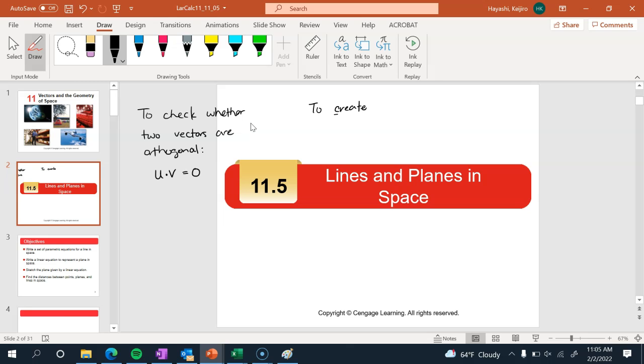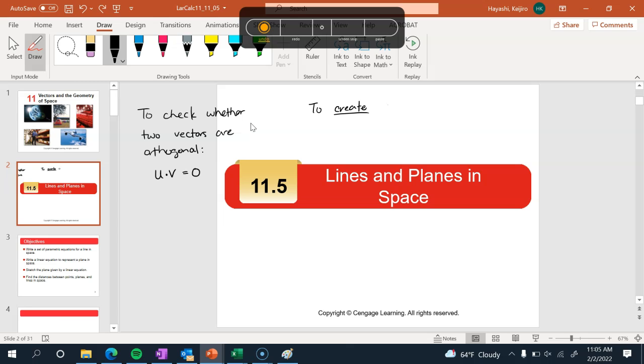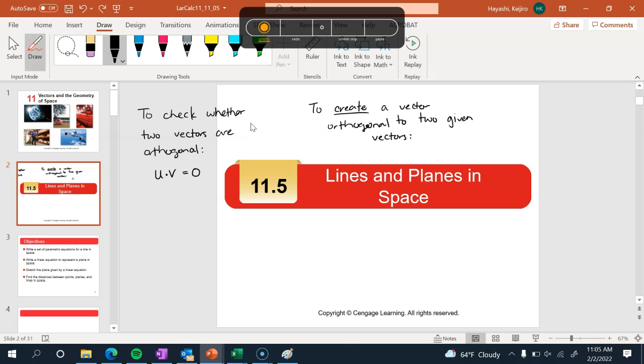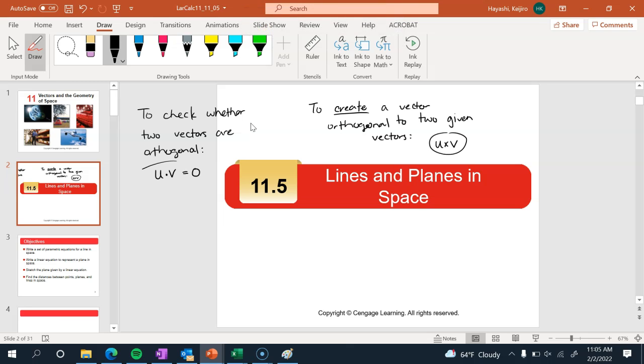If you want to create a vector orthogonal to two given vectors, cross them.